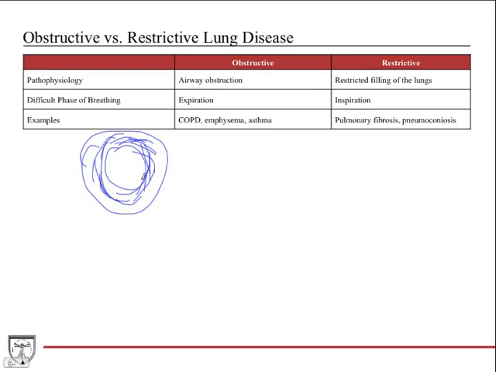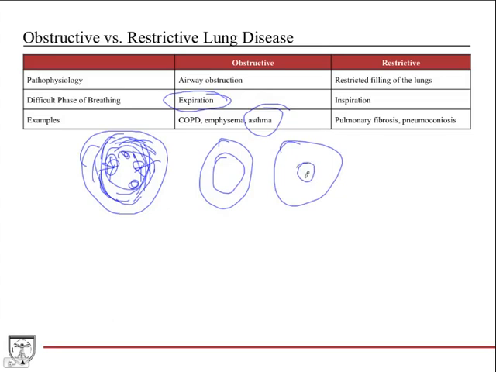What happens, such as in asthma, is you can get constriction of the smooth muscle and gland secretion, so you're limiting the lumen. And the phase that's actually difficult for breathing in obstruction is expiration, not inspiration. Because when you have to breathe out, it's much easier to breathe out against a wide open lumen versus if the lumen's nice and tight.